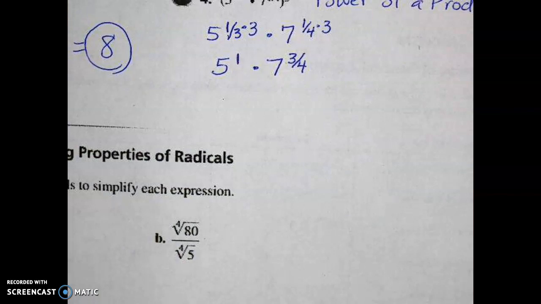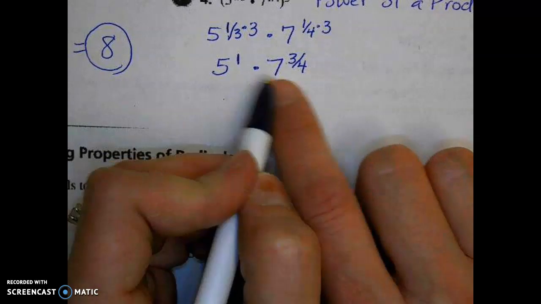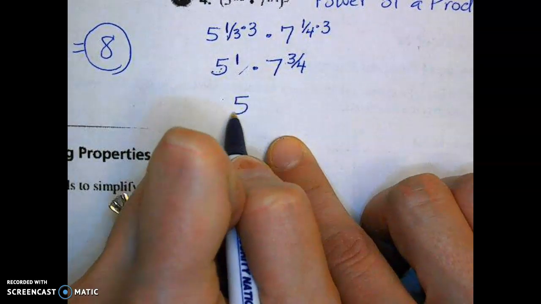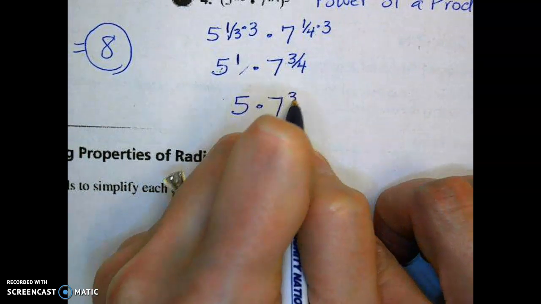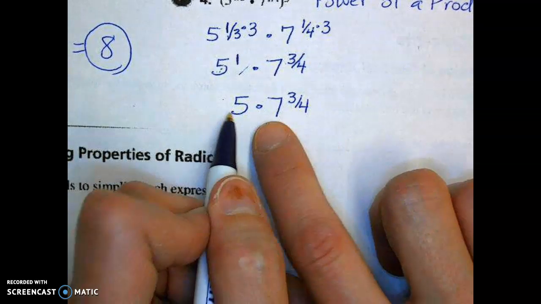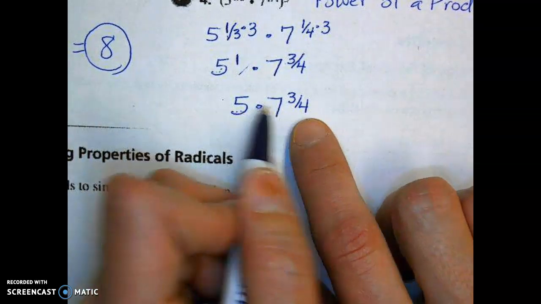So that one's kind of weird, isn't it? Because the 5 and the 7 didn't match up. So you actually can't do anything else with that. These aren't the same number. So you just have to leave it like 5 times 7 to the 3/4. Because they're not the same base number, you can't do anything else.